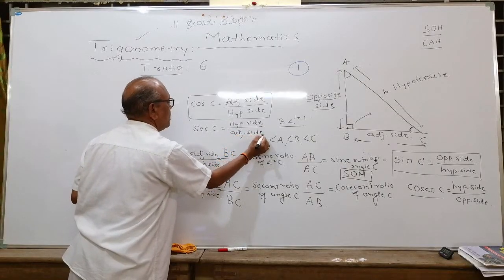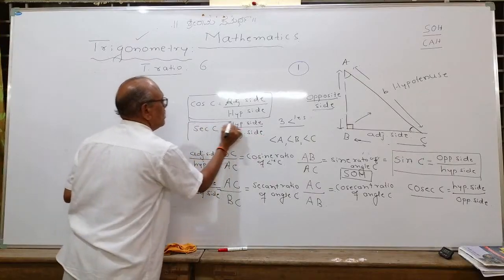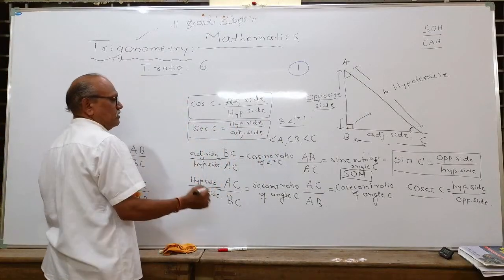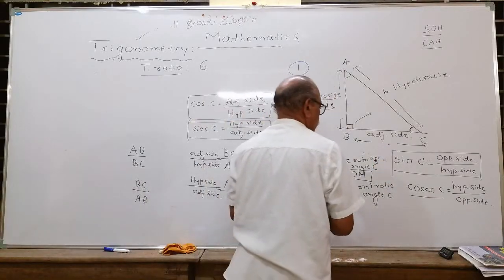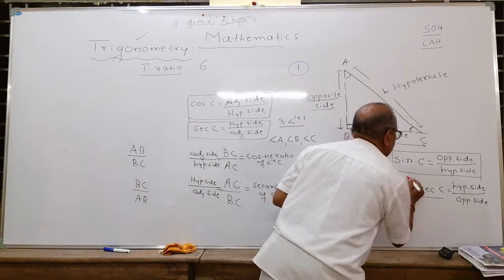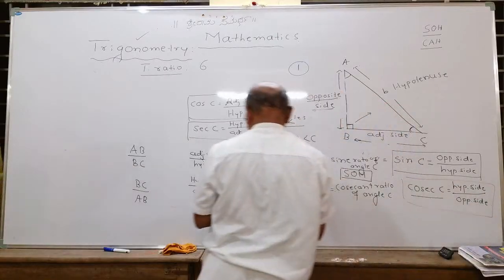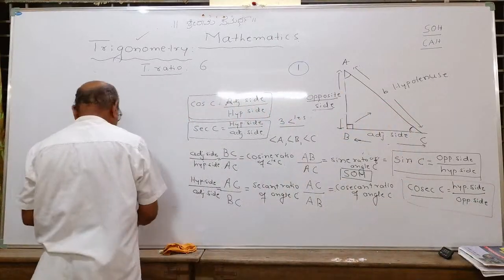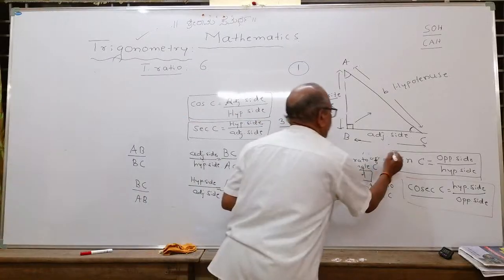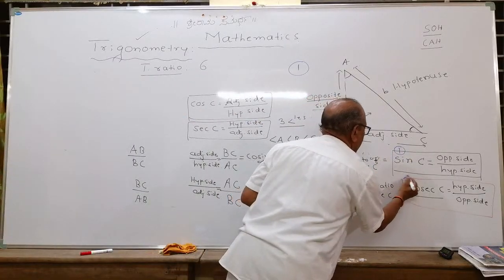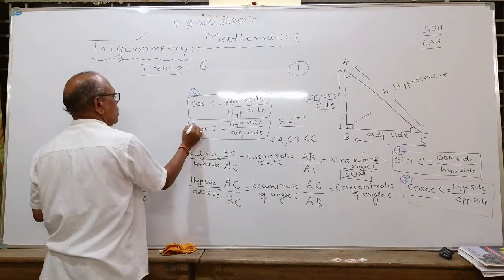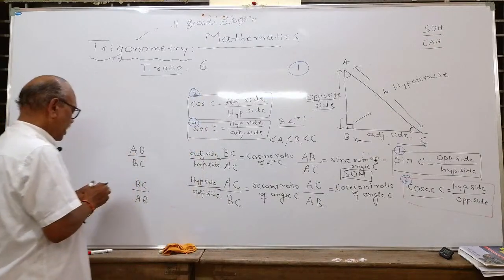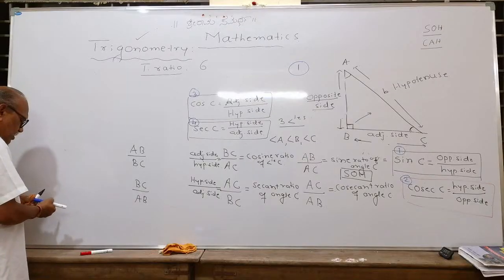This is the basic thing, my dear students. Sine was the first ratio, cosec is the second ratio, cos is the third and sec is the fourth. Similarly, we'll define these two.